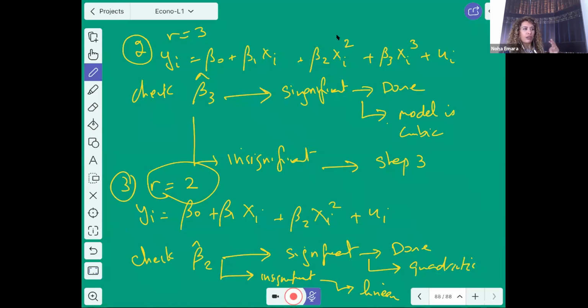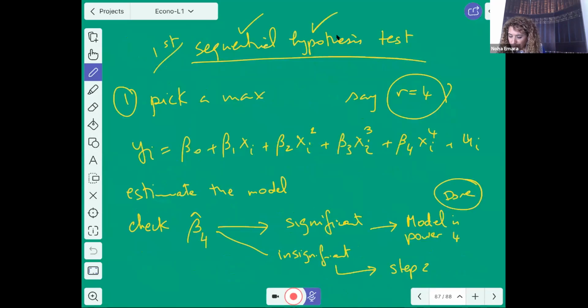If the coefficient of the last power is insignificant, eliminate it, get a smaller model, and check again, until you find the actual number of polynomial terms needed for your model.